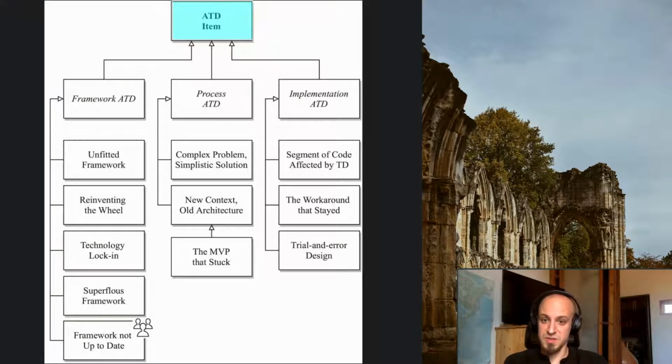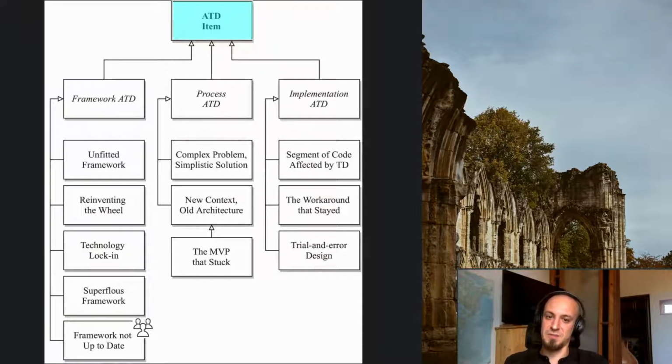Then we have process architectural technical debt, so the items related to the architecting process, such as an old architecture which is not evolved with the continuously changing contexts, such as, for example, a minimal viable product, which becomes the underlying architectural basis of a software-intensive system.